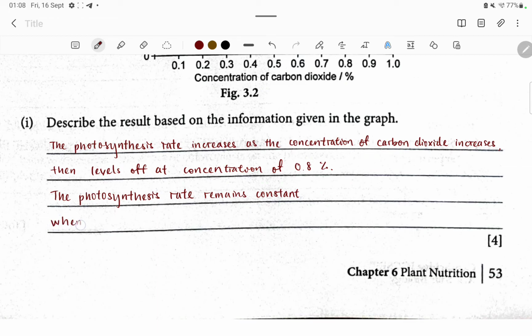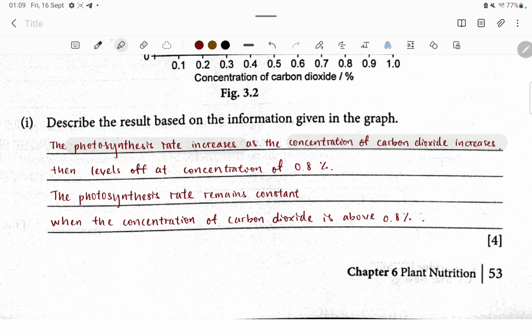When the concentration of carbon dioxide is above, means after 0.8 they stop increasing lah, remains constant. So 4 marks from where? This one, first mark is photosynthesis rate increase.